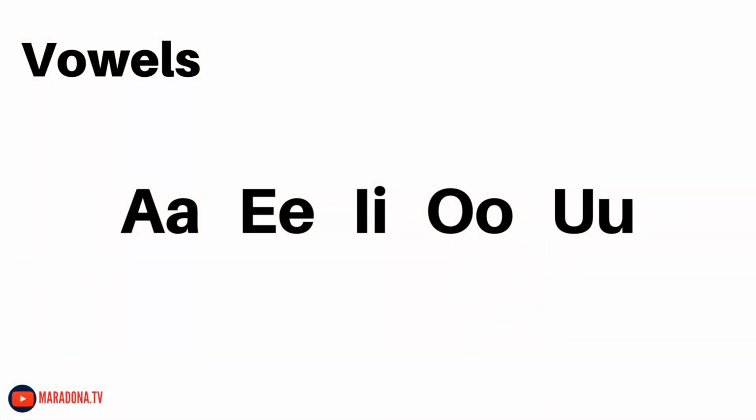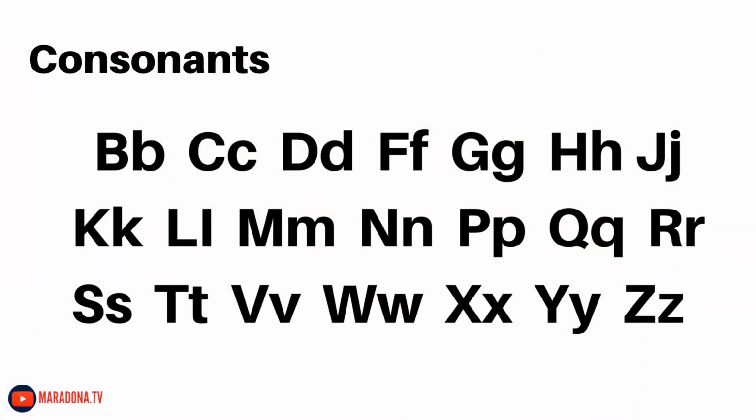Here are the vowels: A, E, I, O, U. The consonants are B, C, D, F, G, H, J, K, L, M, N, P, Q, R, S, T, V, W, X, Y, Z. And to make our lessons be more exciting, let us sing ABCD.